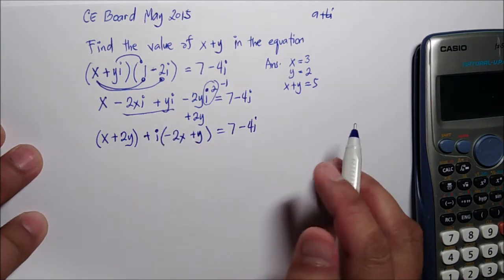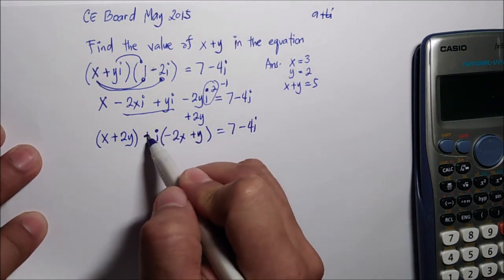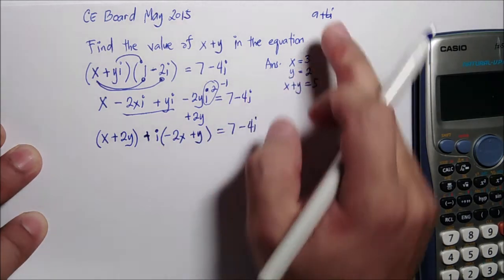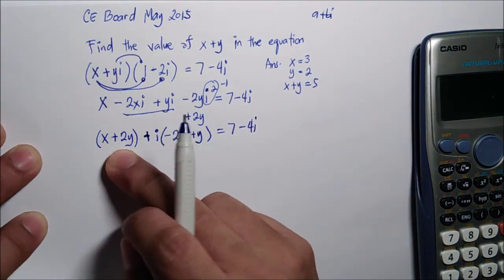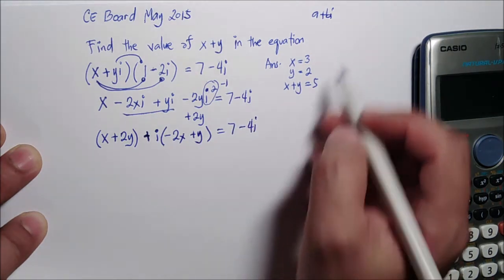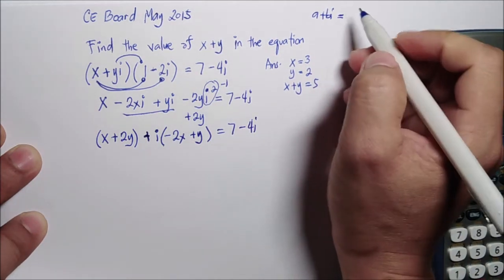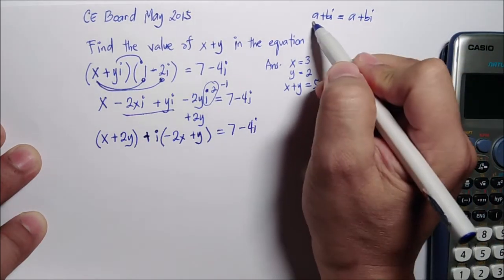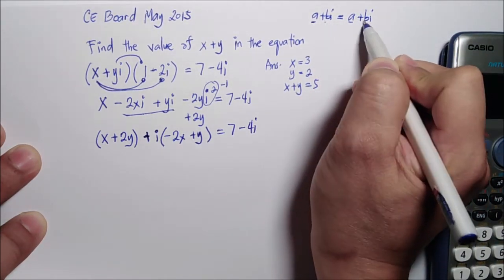Now you can notice that this is now a complex number in the form of a plus bi. In the equality of two complex numbers, a is equal to a, b is equal to b.